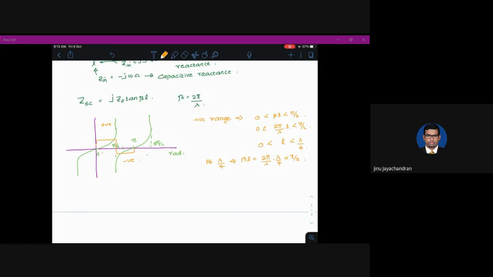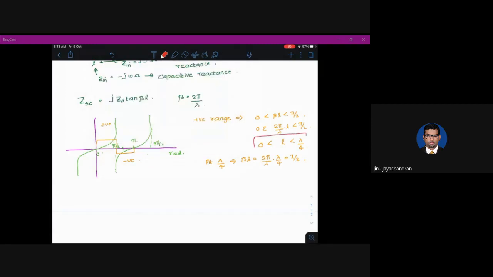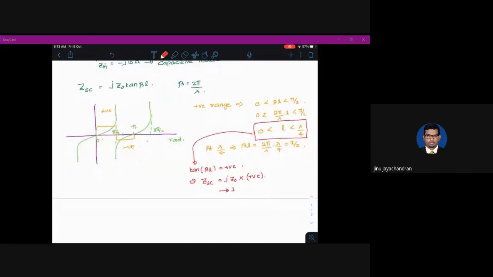So if the length is between 0 and lambda by 4, you have a positive value of tan beta L. This implies Z_SC is equal to jZ0 multiplied by some positive value, and this realizes an inductive reactance.